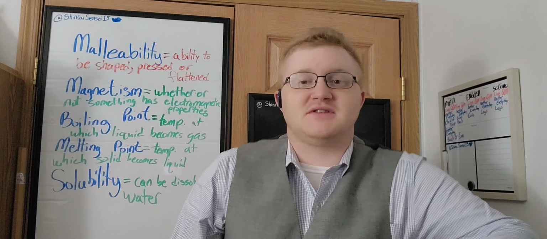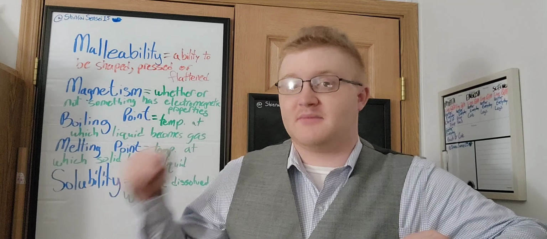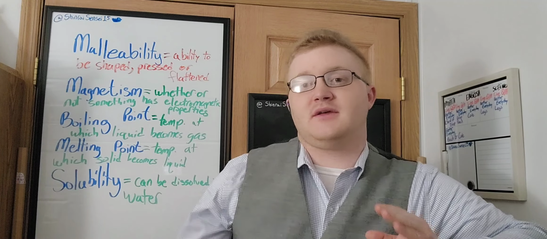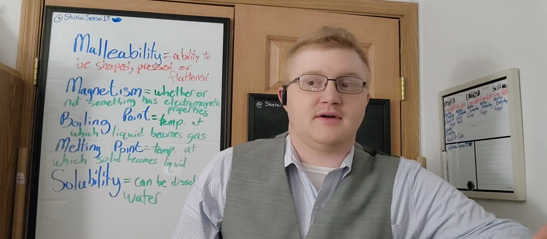So, magnetism is whether or not something has electromagnetic properties or the capability to have electromagnetic properties. Now, whether or not something can be magnetic and magnetized, that's different. When it comes to electricity versus magnetism, they both have different things that they work on better, right? Electricity cannot affect certain things that magnets could, or electricity can't do certain things that perhaps magnets can because of the nature of what they do, right?